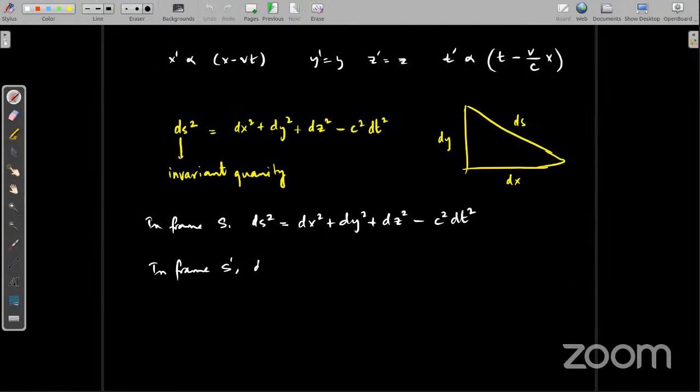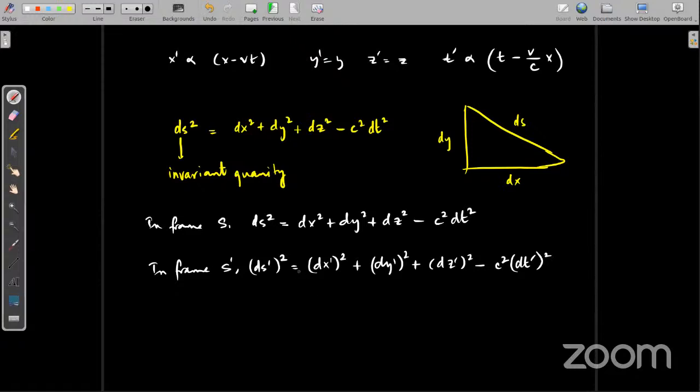We'll call this ds prime squared. So this person measures dx prime squared plus dy prime squared plus dz prime squared minus c squared dt prime squared. The c squared must remain the same because the speed of light is constant in all frames of reference, but dt becomes dt prime.